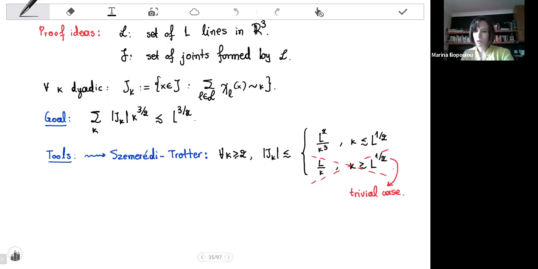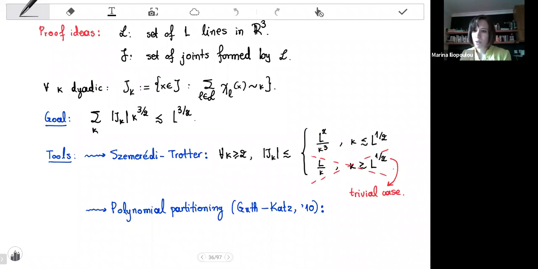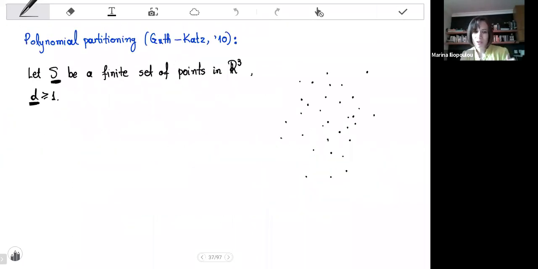So the second tool will be polynomial partitioning. This was developed by Guth and Katz in 2010 to solve the Erdős distinct distances problem in the plane. And it has really revolutionized incidence geometry since then. The idea is the following, and why it works.